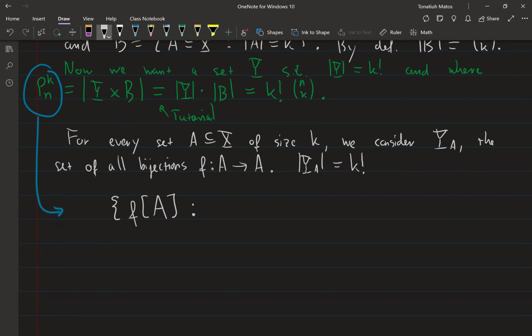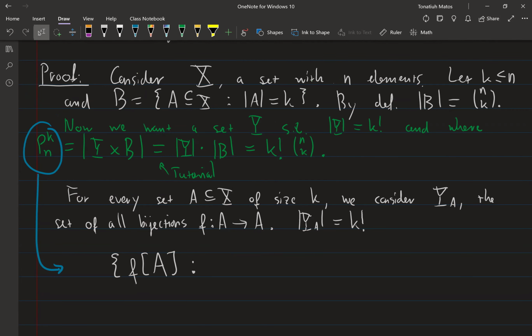Let me see the chat. Okay, so someone is asking why can't we prove it algebraically? So, I mean, we can prove it algebraically. The problem with this is that the size of the set B, we don't know what the size is, right?